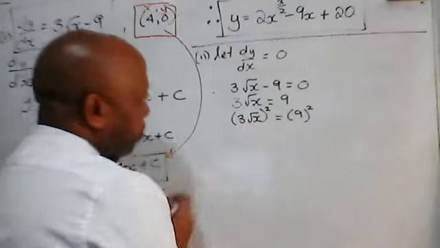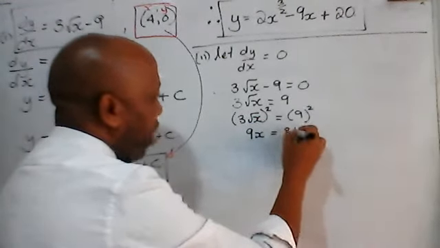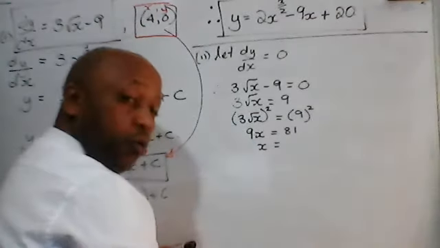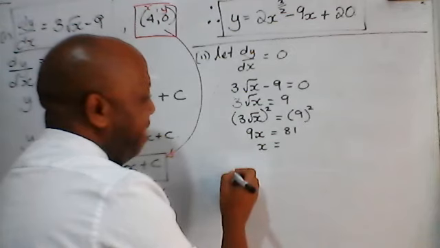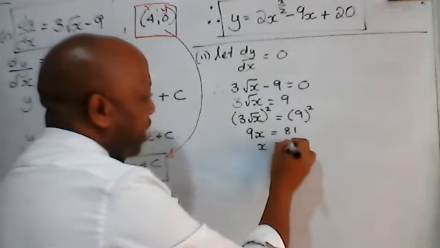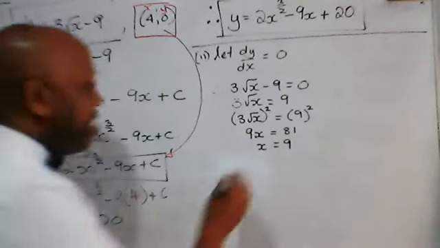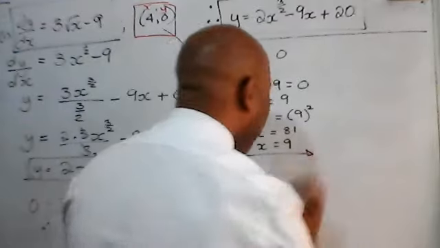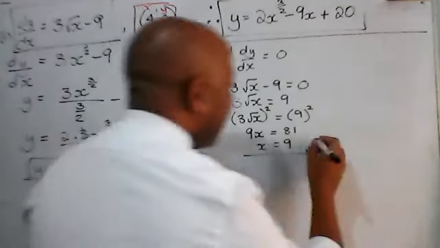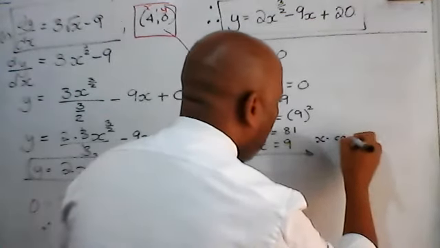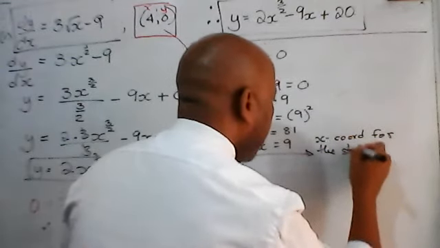Squaring, you get 9x is equal to 81, which means x is equal to 81 divided by 9, which is just 9. Therefore, this is the x-coordinate for the stationary point.